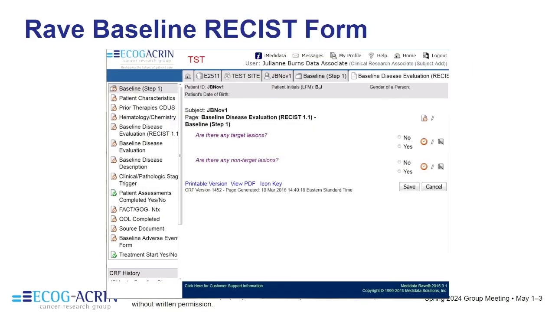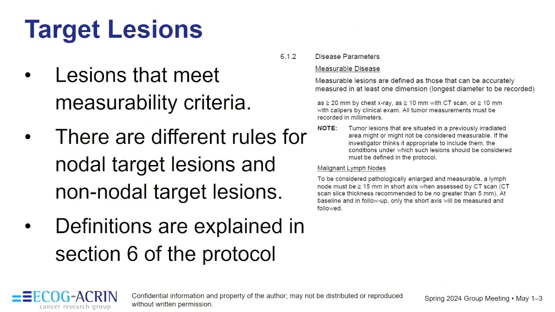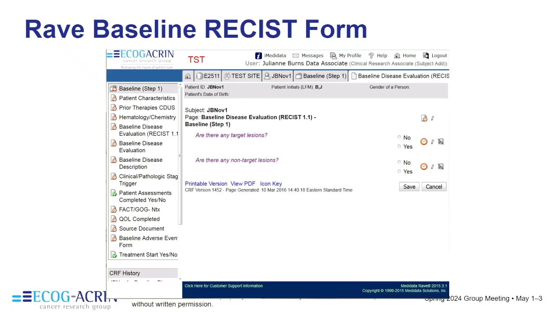So this is the RAVE baseline RECIST form. As you can see, it's going to ask you if there's any target lesions and if there's any non-target lesions.